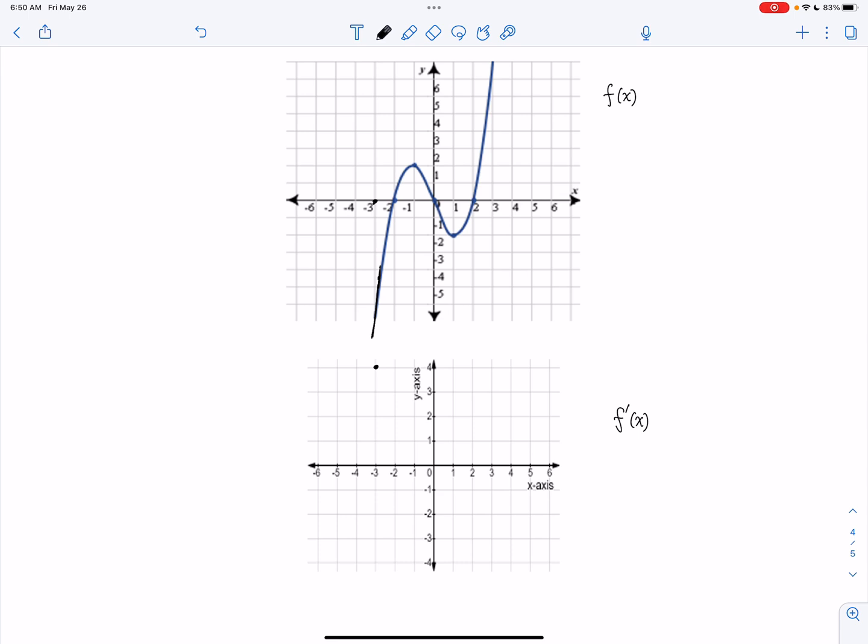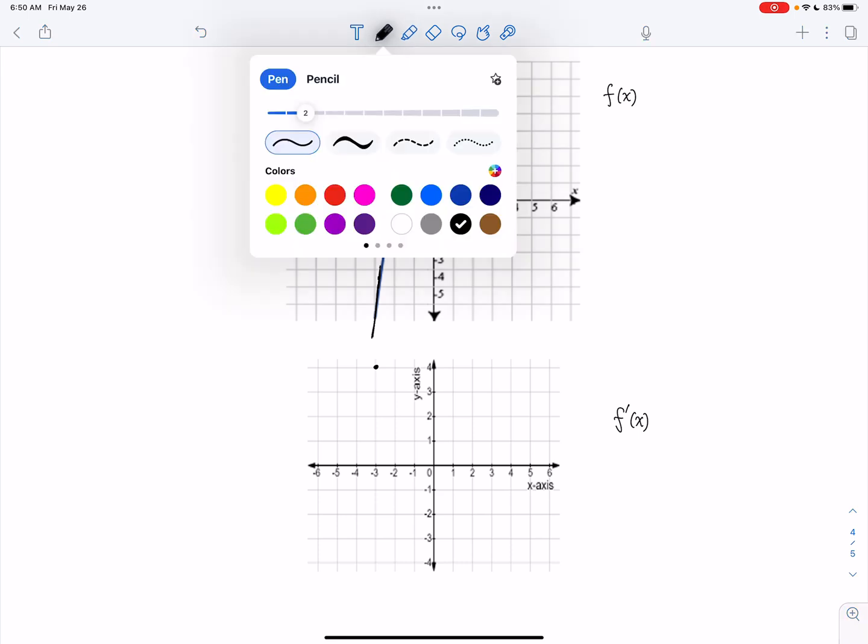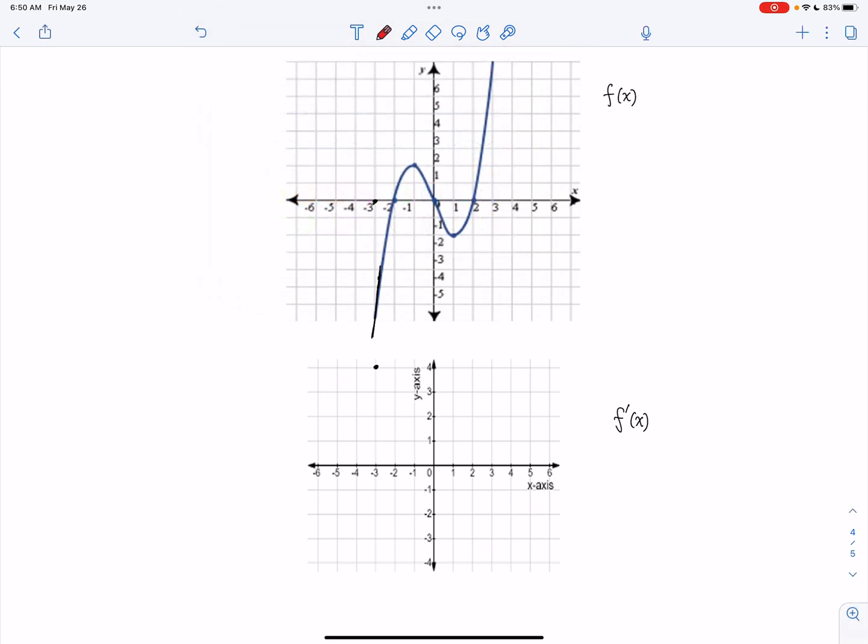Now, as you move along the curve, you can see that you still have very fast increase, but it's not as fast as the original one. It's getting slower.